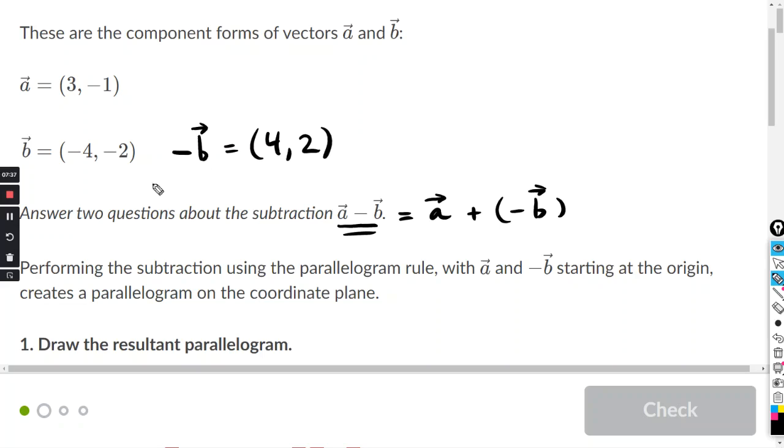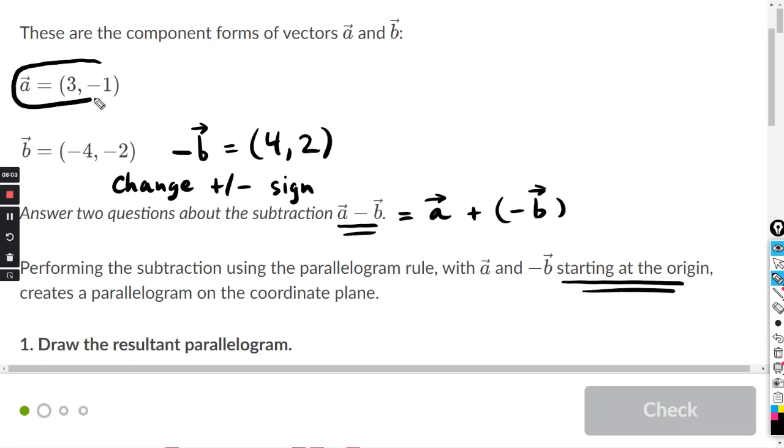All I did here is change the plus minus signs, on the X and the Y. So we are going to have to start at the origin, and first I'm going to do vector A, and then I'm going to graph negative B.